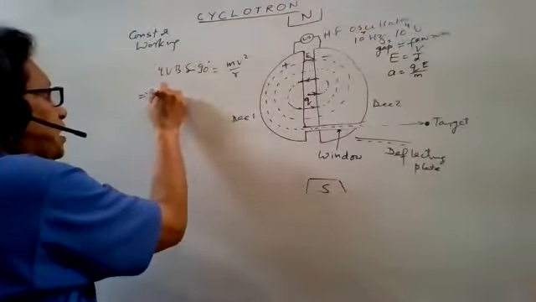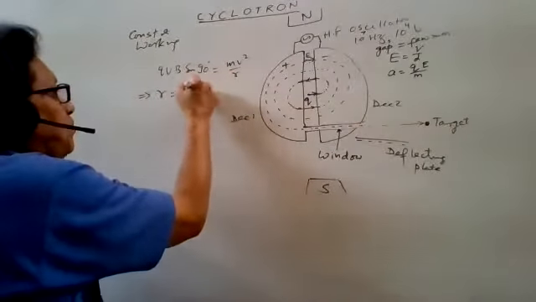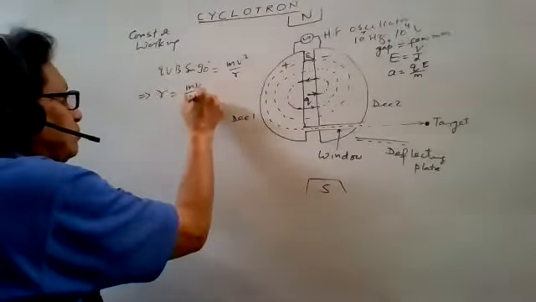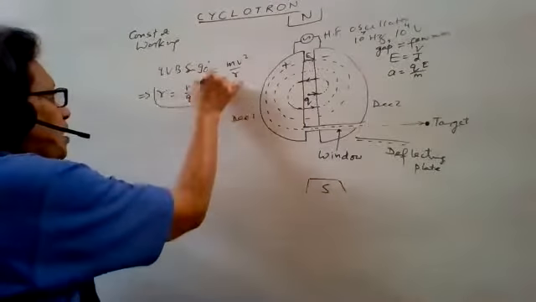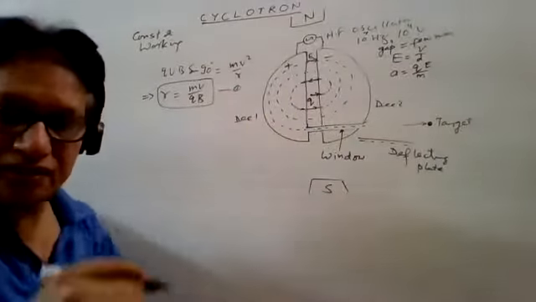We have discussed this already. So we cancel out, and r will be mv upon qB. This way we can find the radius of this circular path.